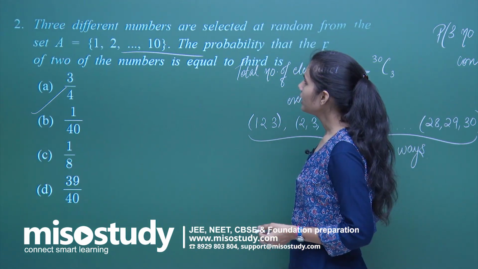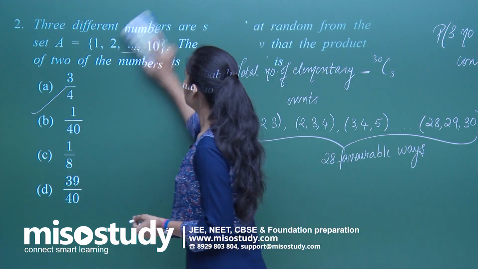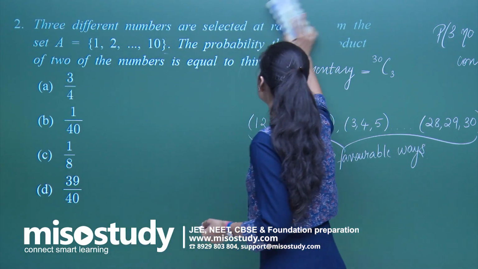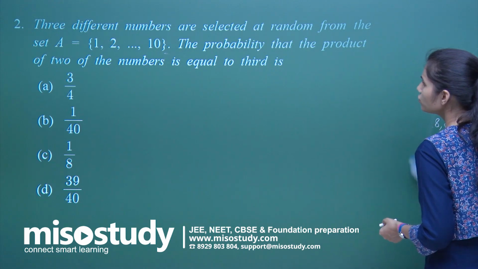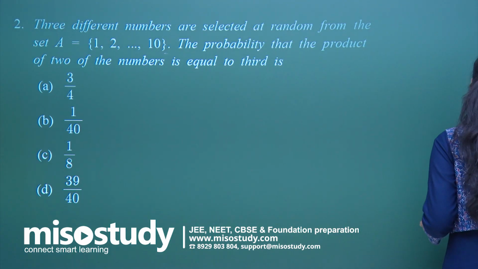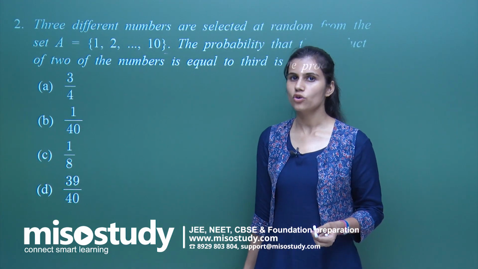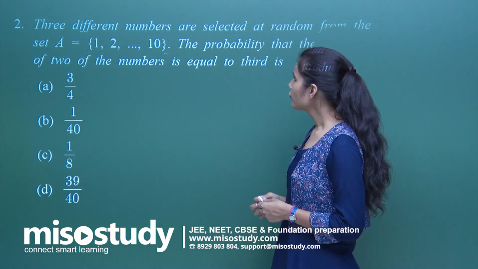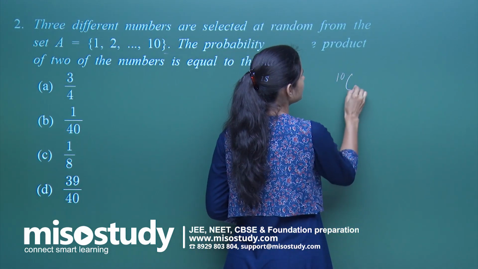Moving to the next question, we have again 3 numbers selected at random from this set which is having 10 numbers in all from 1 to 10. The probability that the product of 2 numbers is equal to the third. Now over here it's not talking about arrangement, it's just talking about selections. So from 1 to 10 you can choose again 3 numbers in 10C3 ways.